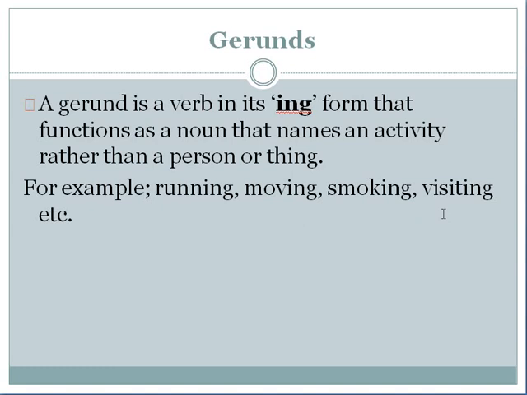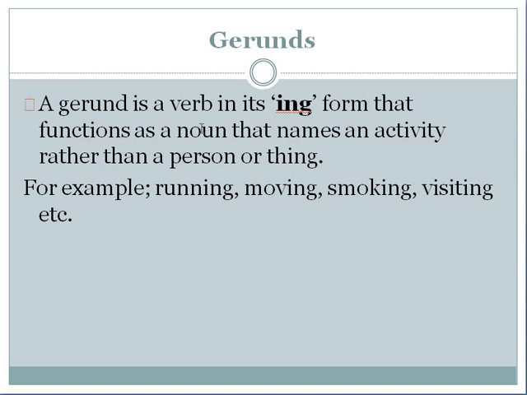If you are writing these words and they are playing the function of a noun, and noun means a name of a person or thing or a place. So if a verb in ing form is playing the role of a noun in a sentence, that is called gerund, and that noun names an activity rather than a person or thing.